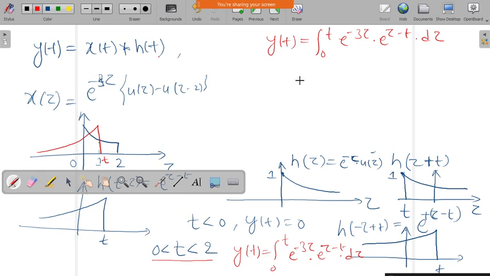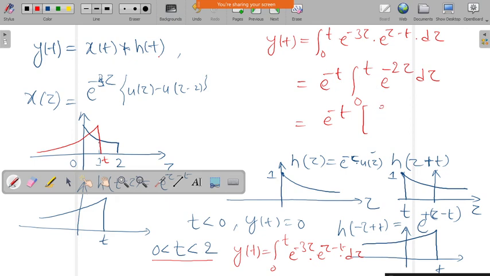Okay, so now I can take e power minus t out, because here tau is the integral variable, from 0 to t of e power minus 2 tau, because minus 3 tau plus tau becomes minus 2 tau.